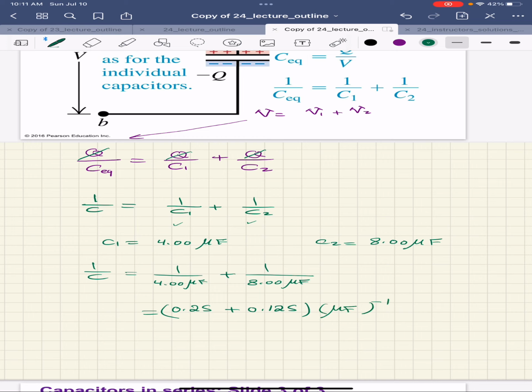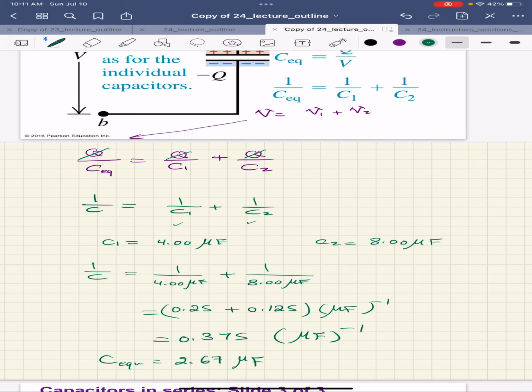And then when you add these, you're going to get 0.375, and then take 1 over this number. You're going to get that C equivalent is 2.67 microfarad.